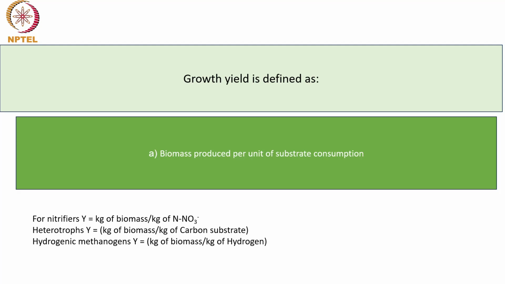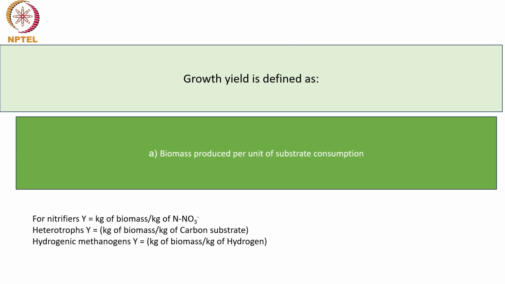For heterotrophs, the yield will be kg of biomass divided by kg of carbon substrate. In case of heterotrophs, carbon is the substrate that is getting consumed. So yield will be the kg of biomass produced divided by the kg of carbon substrate consumed. Okay.